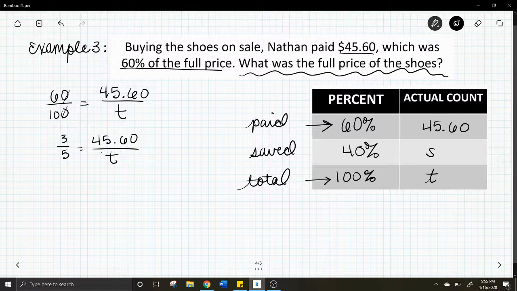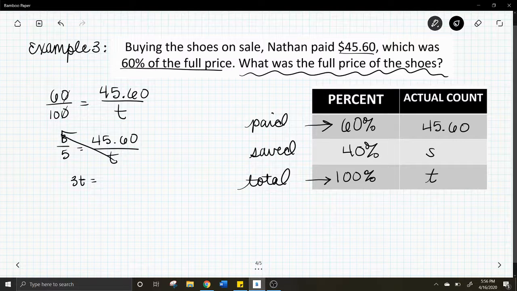All right, so remember what our next step here is to cross multiply. So we have 3t, and if you're following along in your book as we go, you'll notice they do these problems without reducing their first ratio. That's fine as well.